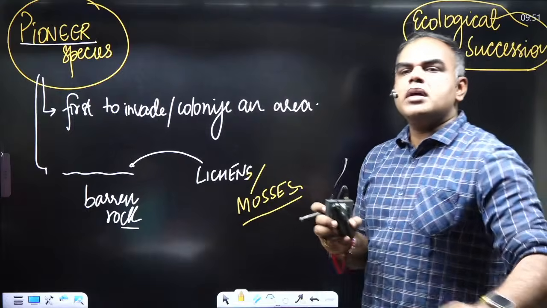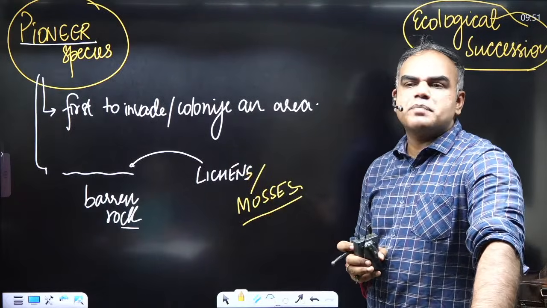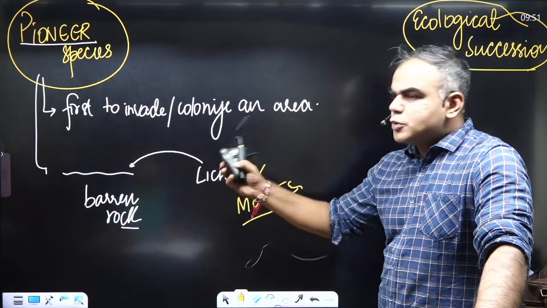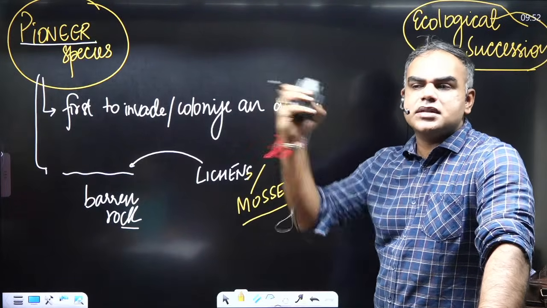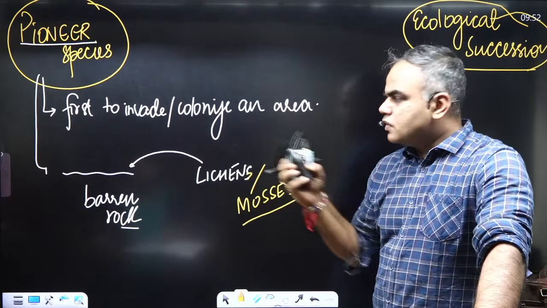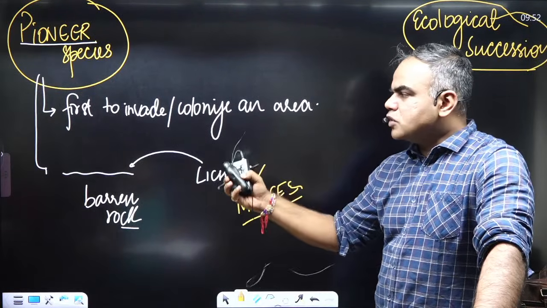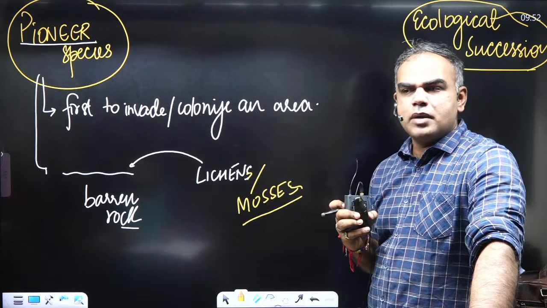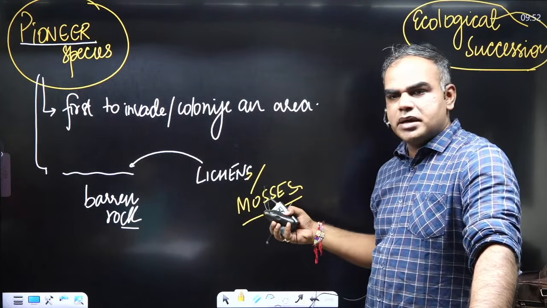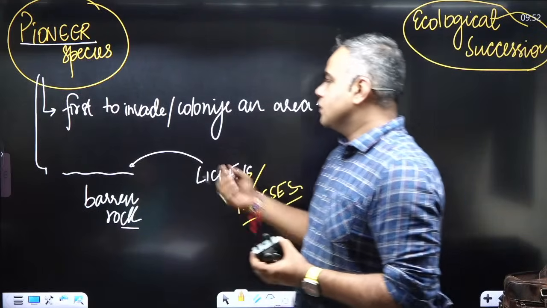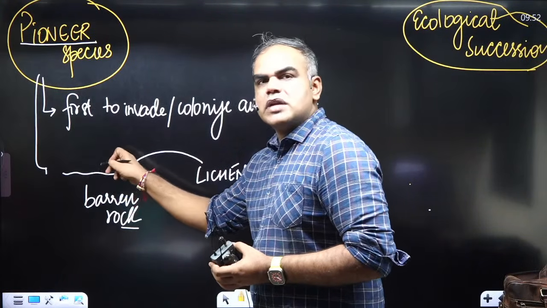Now, the main thing to understand in the case of pioneer species is that there was nothing existing. So imagine life at the very, very start. When life started, nothing was existing, right? So there was a barren rock, and slowly and steadily things will become better. Better means there will be some outgrowth that will start.